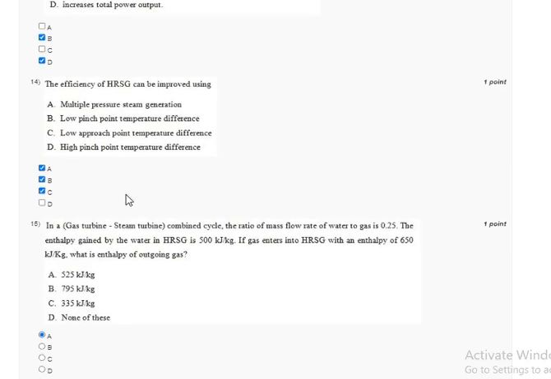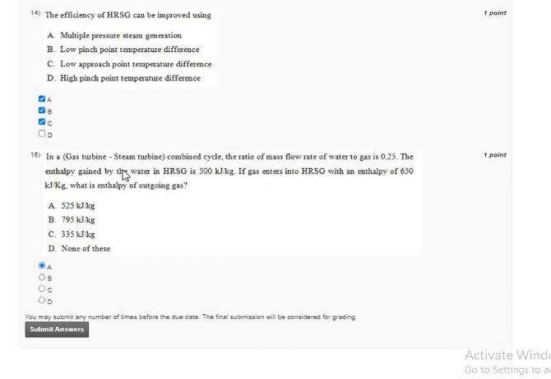Now come to 14. Question number 14. The efficiency of HRSG can be improved using multiple pressure steam generation, low pinch point temperature difference, and low approach point temperature difference. For question number 14, A, B, C, all three are correct.